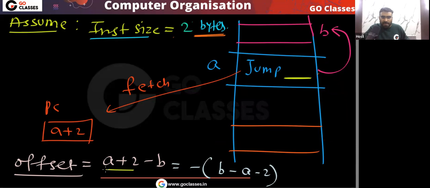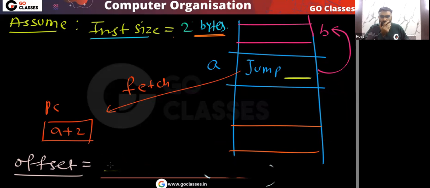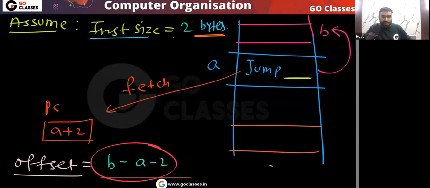Is this clear? The same formula will work, because we have to add a negative value. The same formula will ultimately give you a negative value, and we have to add this negative offset.